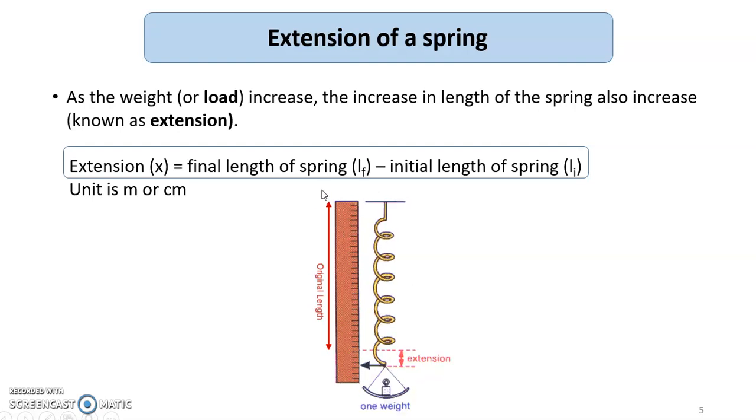We can find the final length after we put some weight, some load, some force on the spring, and take that measurement. The initial length is the length of the spring without any load on it.